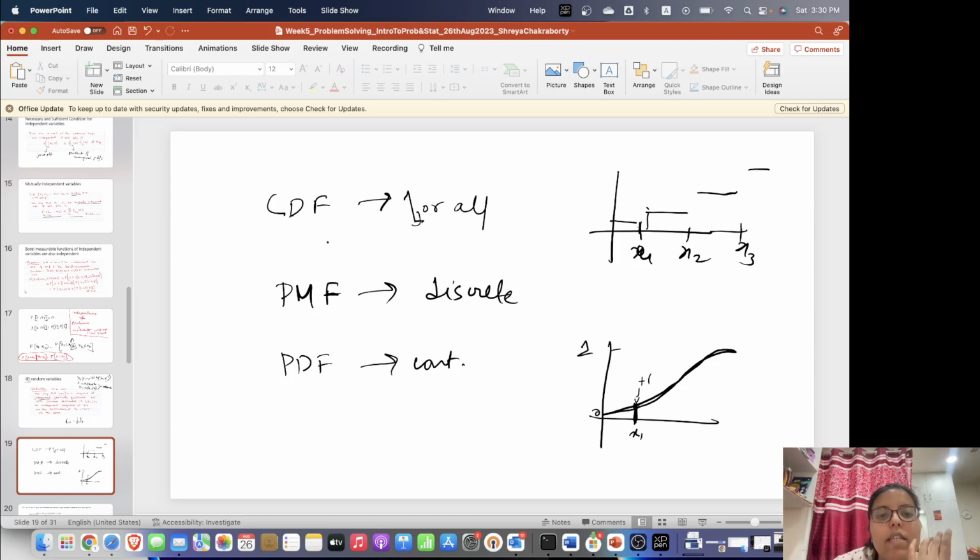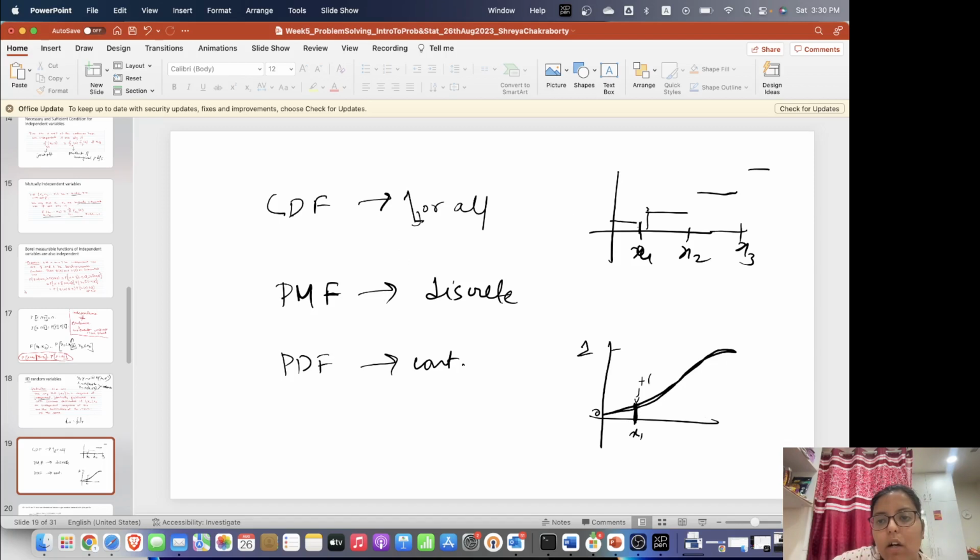The form of the CDF will differ based on whether the random variable is discrete or continuous. If it is continuous, you can take a derivative and obtain the probability density function. But you cannot do so in the discrete case.